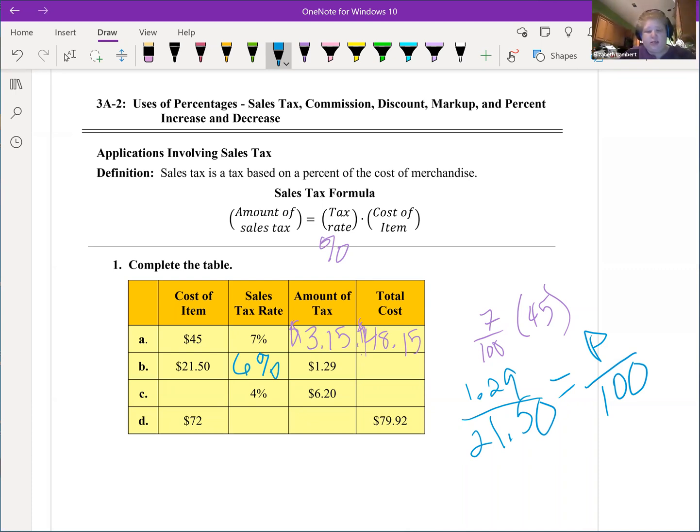And then our total cost, well, we just add. Could have done that first, actually. 21.50 plus 1.29 is 22.79.